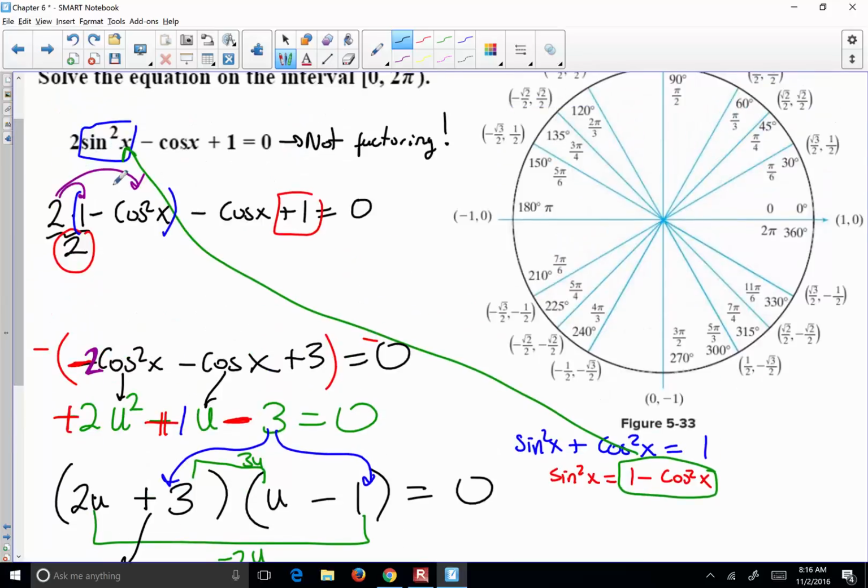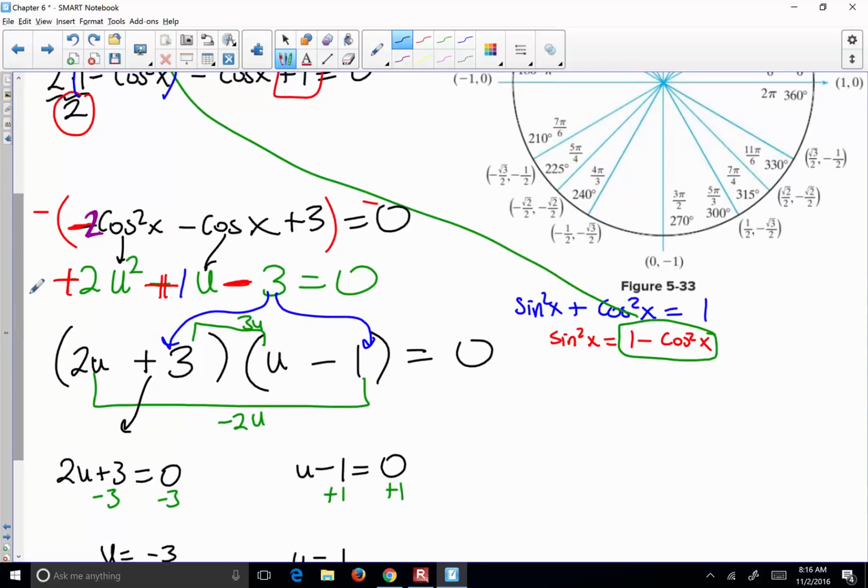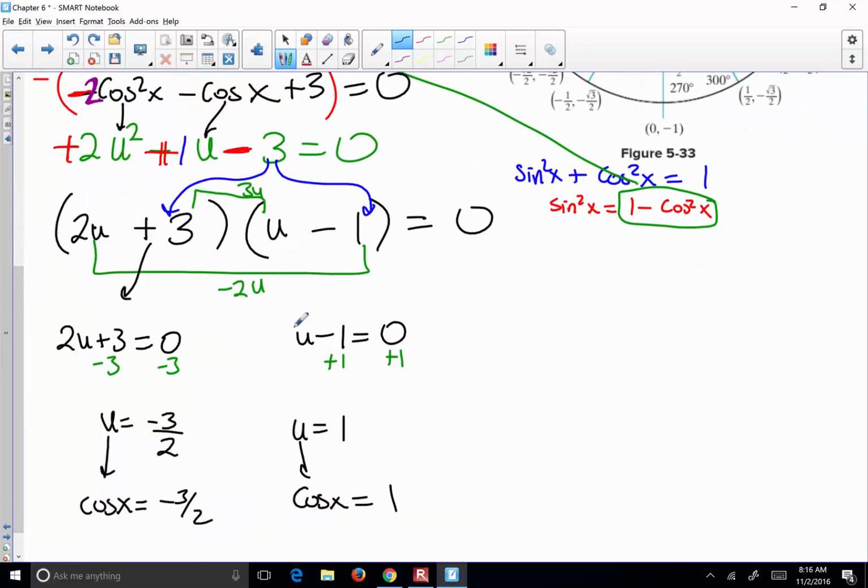I have changed sine squared into cosine squared, passed the minus 2, collected numbers, switched signs, and I'm imagining cosines as u's. U squared, minus 2u squared and minus u plus 3. We broke it apart and set each part equal to 0. And then once you have solved for u, go back to the original variable. U was just a placeholder, a temporary replacement for cosine. So time is up, flip it back to cosine.